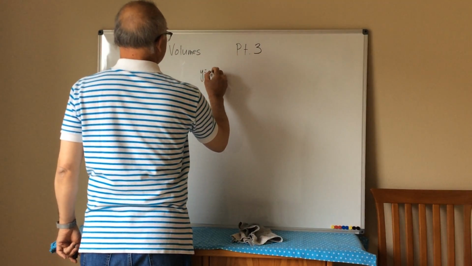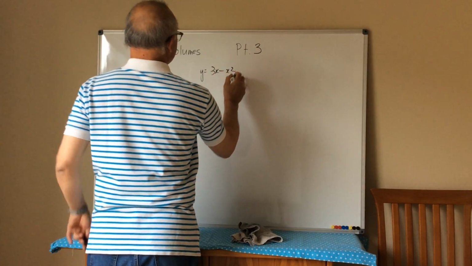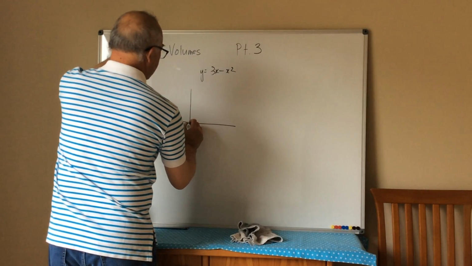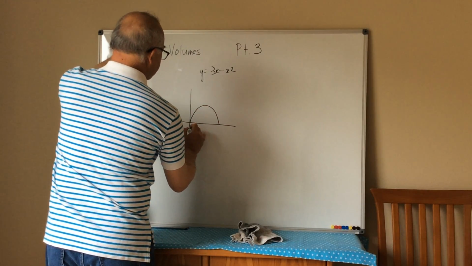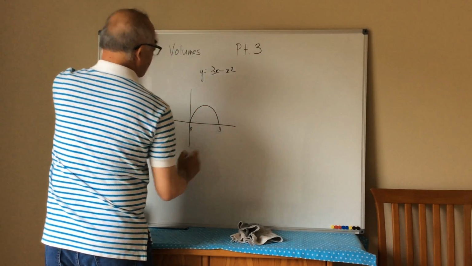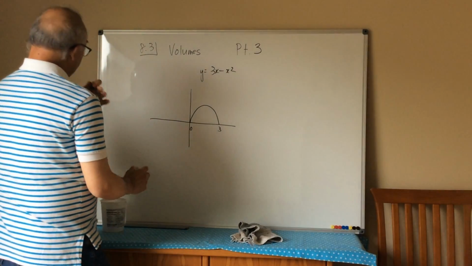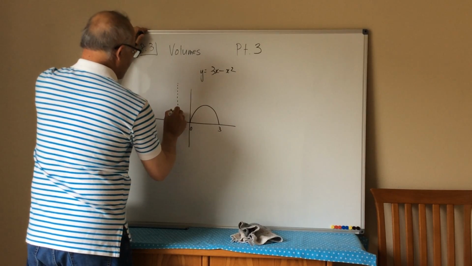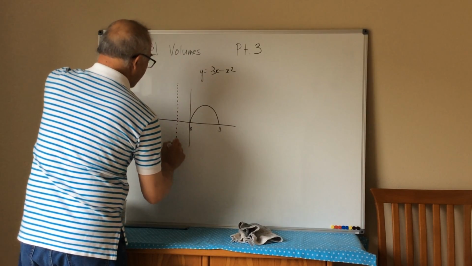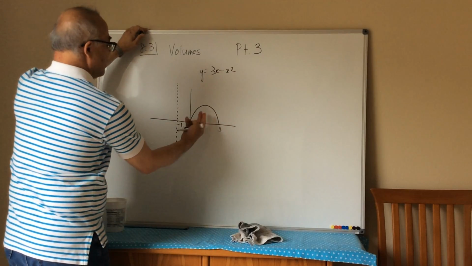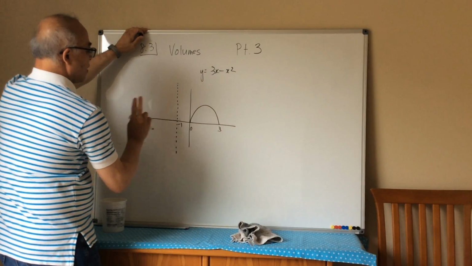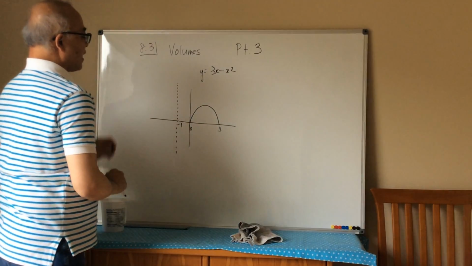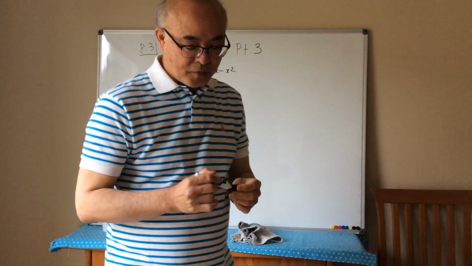We're taking that parabola, which looks like this, from 0 to 3, and we're going to rotate this around x = -1. So -1 is here, and we're rotating this around like that. You're going to get something like a bundt cake mold.